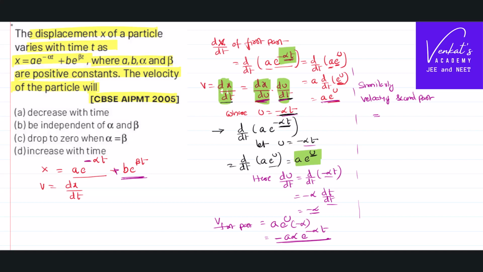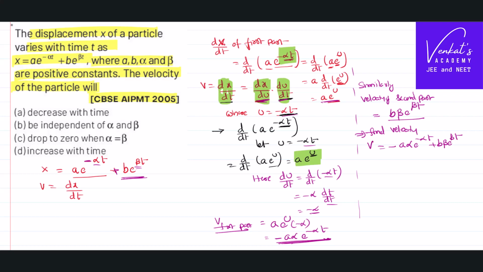So I will get b. Power here was alpha, so I got alpha. Here power is beta, so I will get beta. b beta e power beta t. So I have differentiated the first part, and I have differentiated the second part. That implies I get the final velocity of the given equation as minus a alpha e power minus alpha t plus b beta e power beta t.